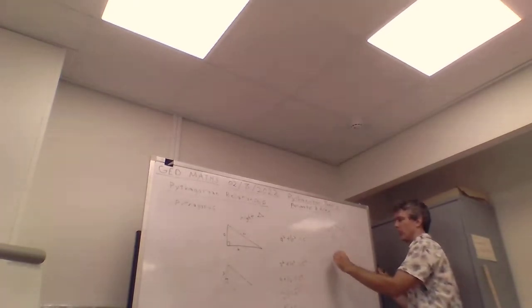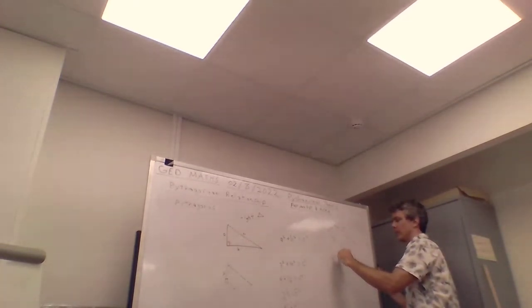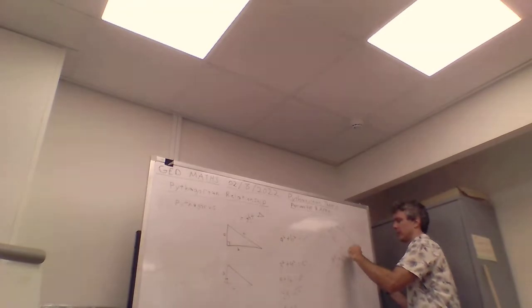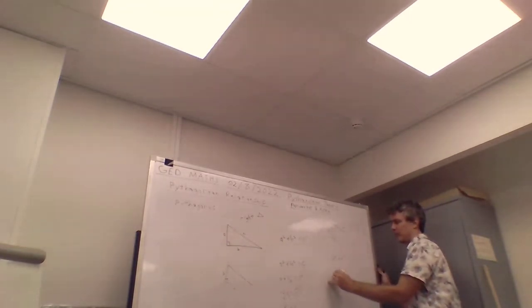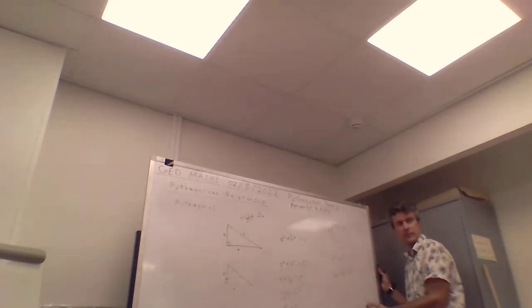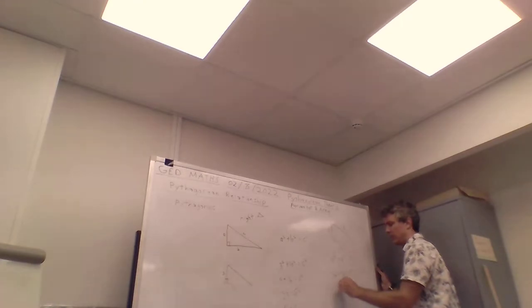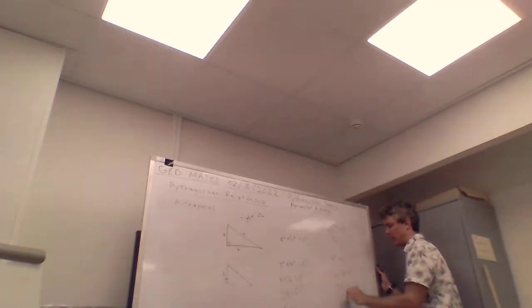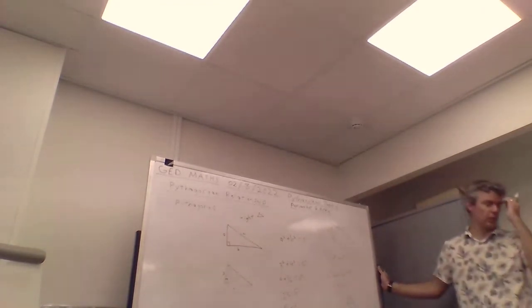It's the same thing: 4 squared plus 6 squared equals c squared. What's 4 squared? 16. 16 plus 36. 36 equals c squared. What's 16 plus 36? 52. 52 equals c squared. C equals square root of 52. Now there's two ways you can do this.